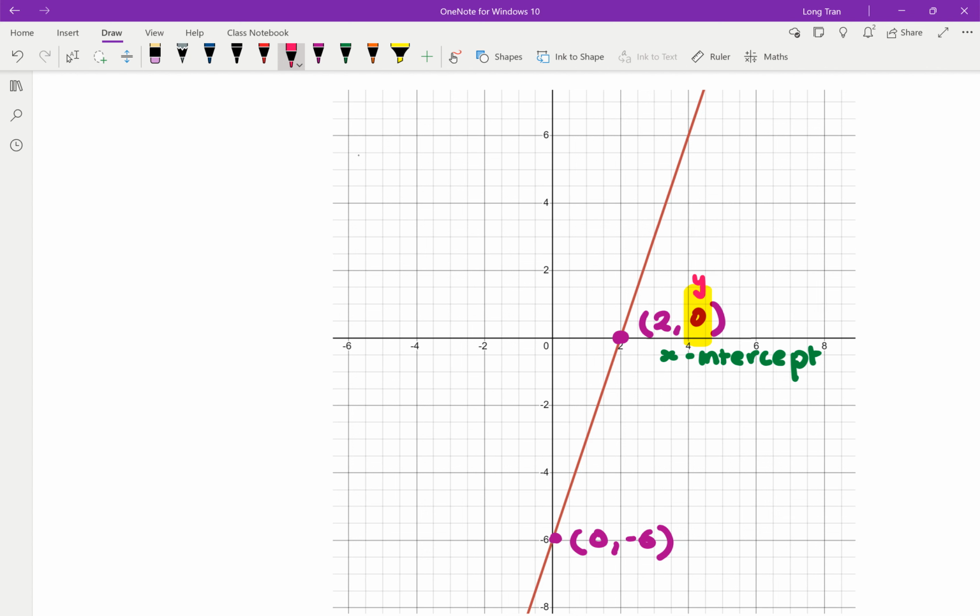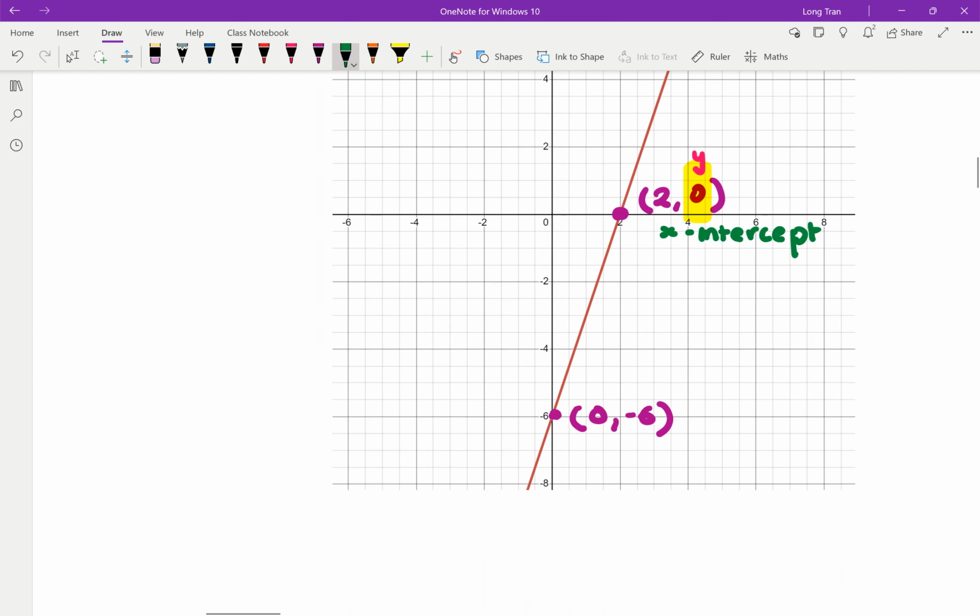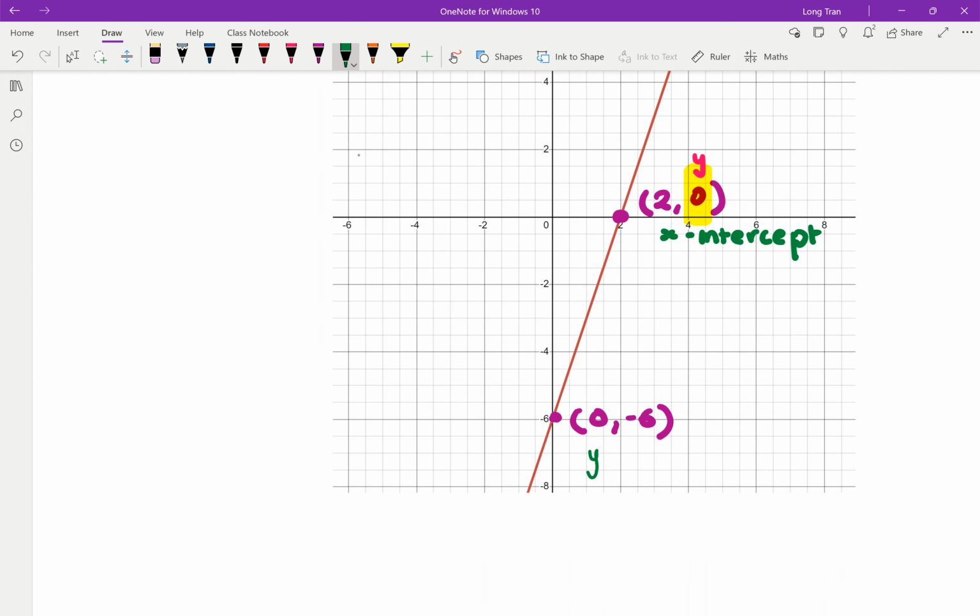And the same thing when you're trying to find the y-intercept, I'm just going to make this a bit skinnier. For the y-intercept, the pattern is that the x-coordinate will always be 0. That's where x is 0, whilst the y value is always 0 for the x-intercept.